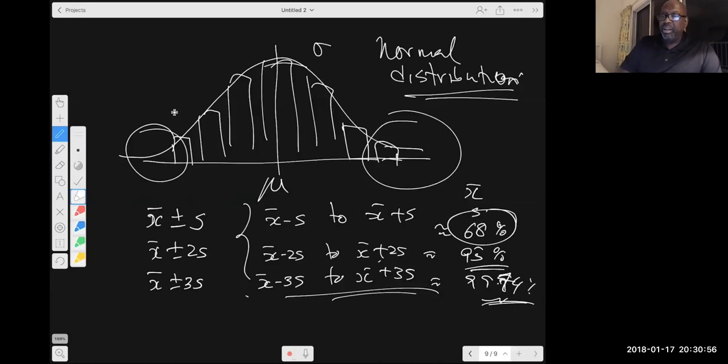So say for example I had 70 values, the 70 rents, and I calculated the range for one standard deviation and found say 35 of those were in the range, then the percentage in that range is 35 over 70, which is 50%.